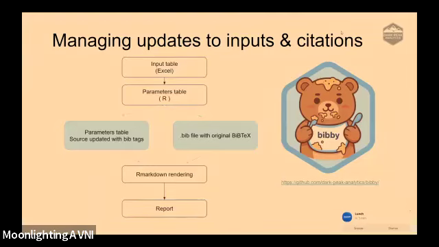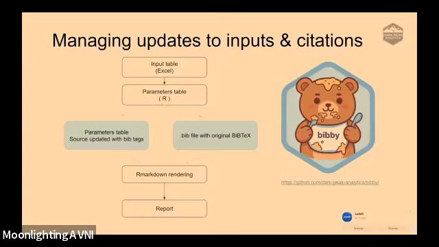And so the tricky thing that we had to implement here is how do you get the inputs and citations to pull through? Because doing inputs in RMarkdown is not new. Doing citations was a new thing for us. And so the way this works is we developed this package called Bibby. Basically what it does is it takes the parameter table, identifies any BibTeX that's located in it, and you can export BibTeX from EndNote or any other referencing software you're doing.